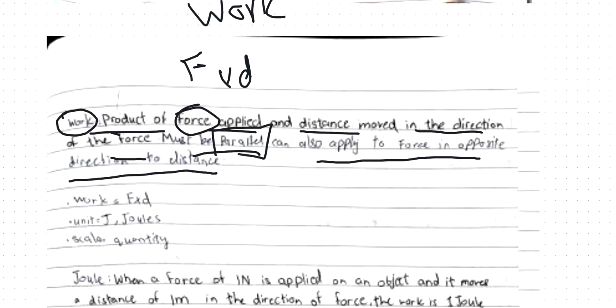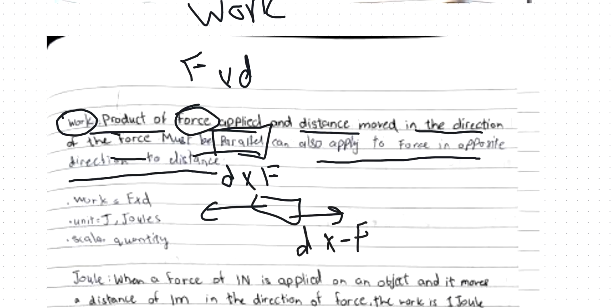So if I had a car that was moving left, then the work done for this would be distance into my force. But if my object was moving towards the right, then I'll do distance into negative F. Or I could say that this side is negative, and I'll consider this as negative and then this as positive. So remember, distance times force, and remember force has direction as well.